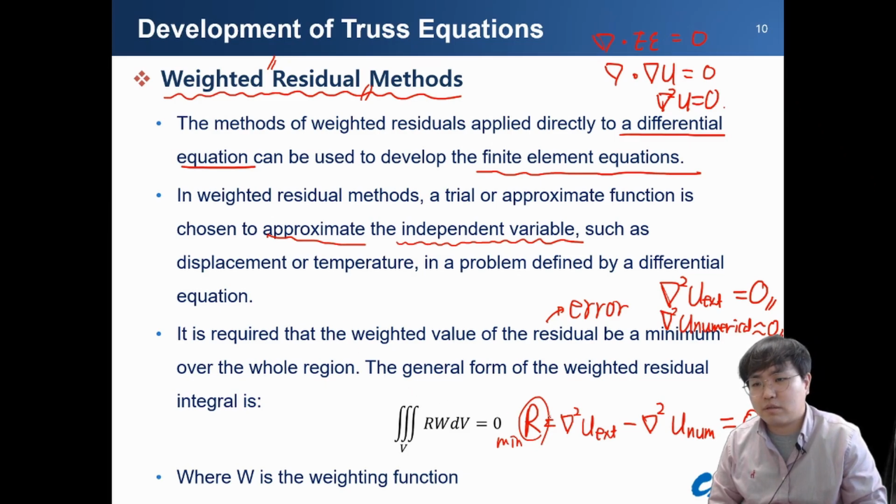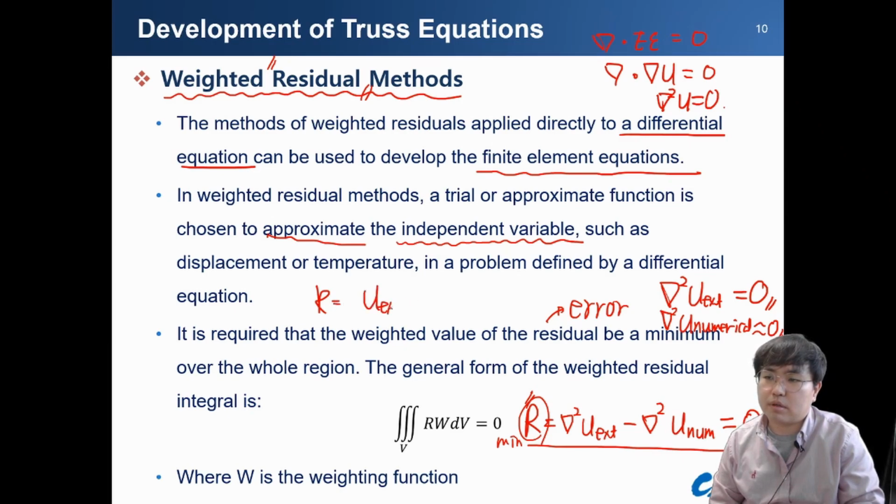So I already showed you what the error is. If we have some exact value, sometimes we obtain a numerical value that will have some residual error.